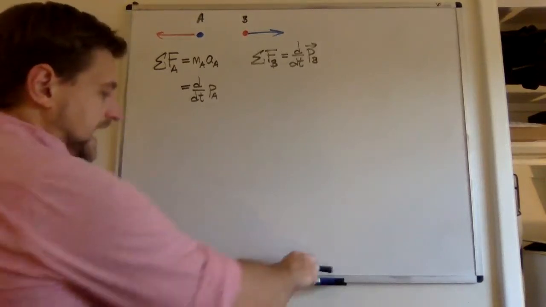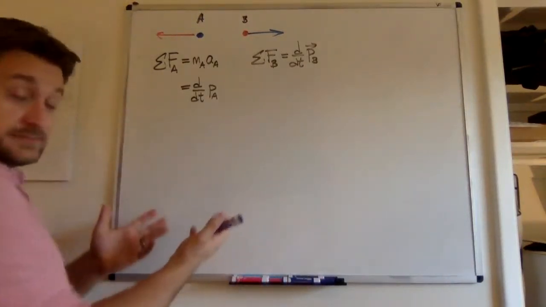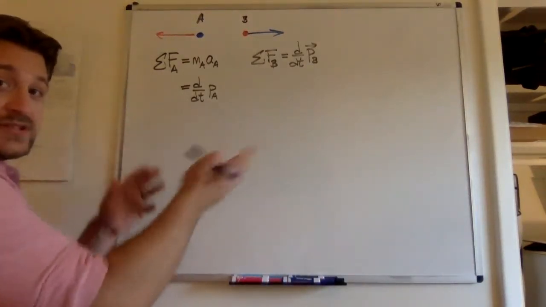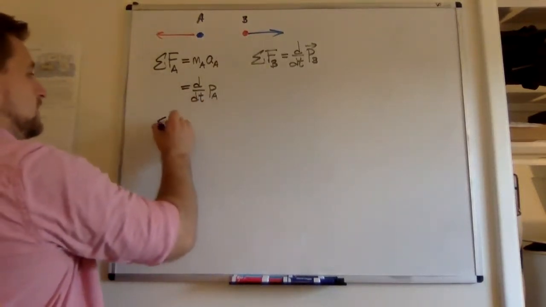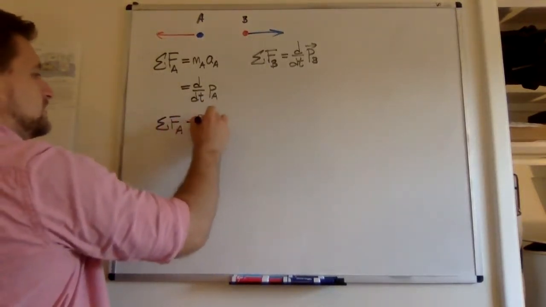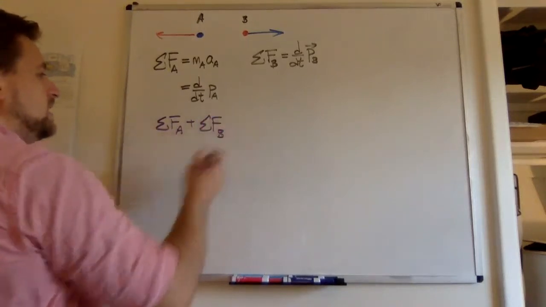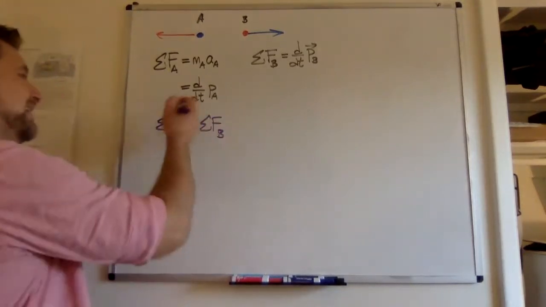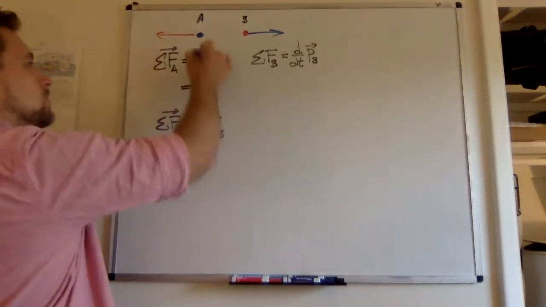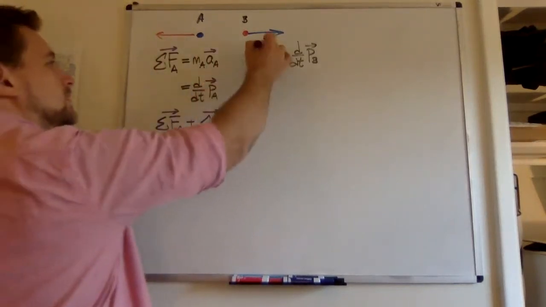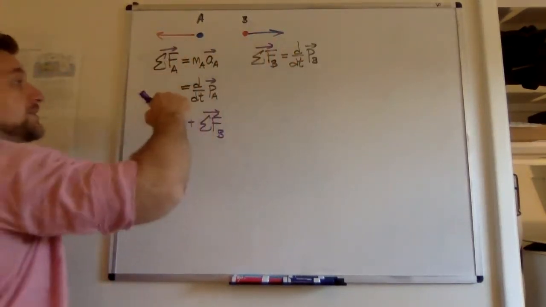If we felt like it, we could add these two equations, one plus the other, keeping the left-hand sides as the sum of the forces on A plus the sum of the forces on B. For this, I'm going to keep the vector hats, because I care about the fact that these forces are in different directions.